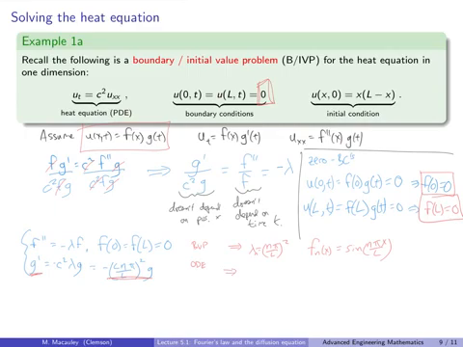I mean, it looks like a complicated constant, but remember, that just means that g_n of t, because this depends on this particular n, is just e to the negative that constant. So that's (c n pi over L) quantity squared, times t.